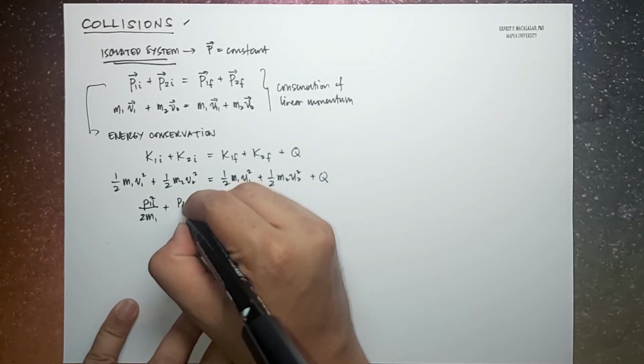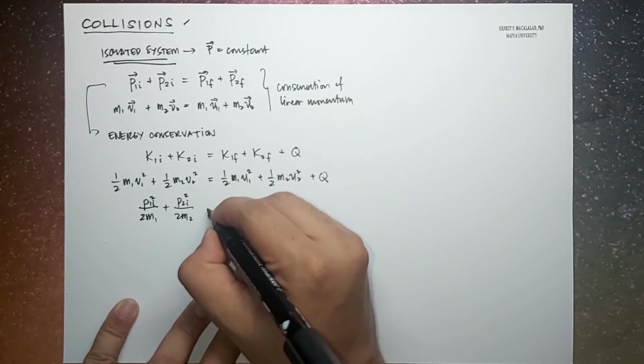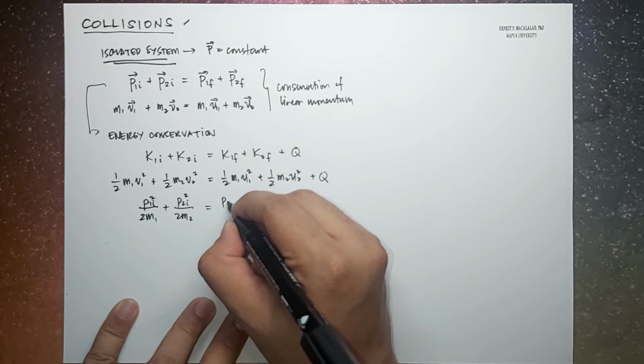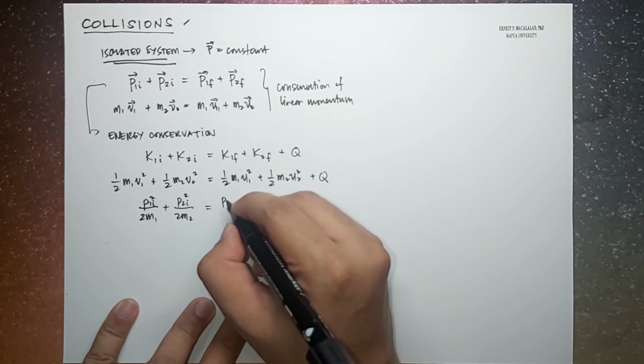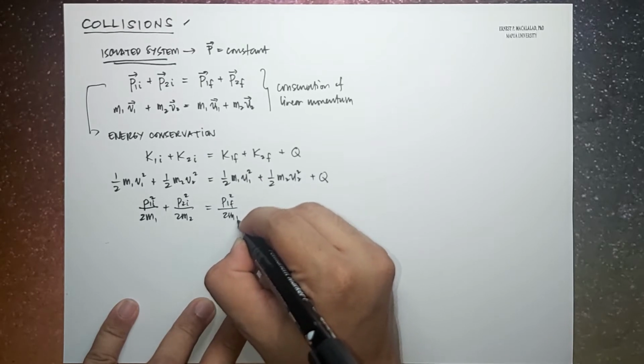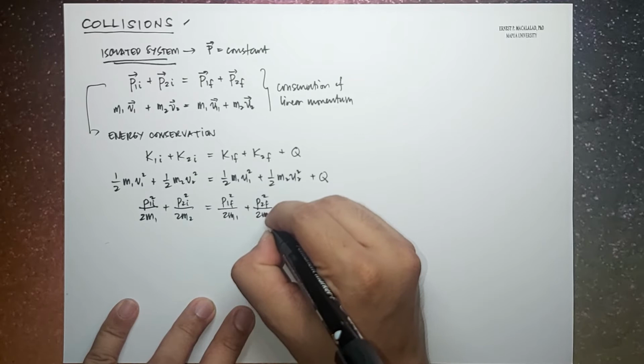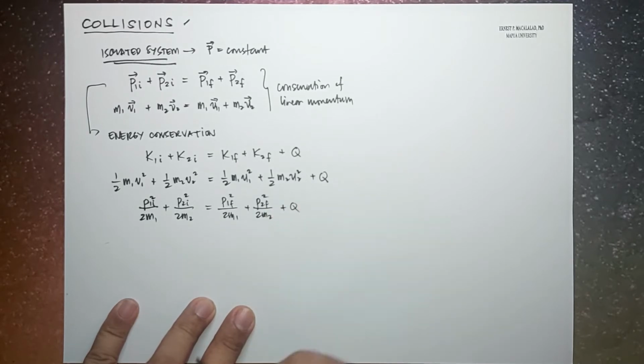So this will be p2i squared over 2m2, and this is equal to p1f squared over 2m1 plus p2f squared over 2m2 plus Q.